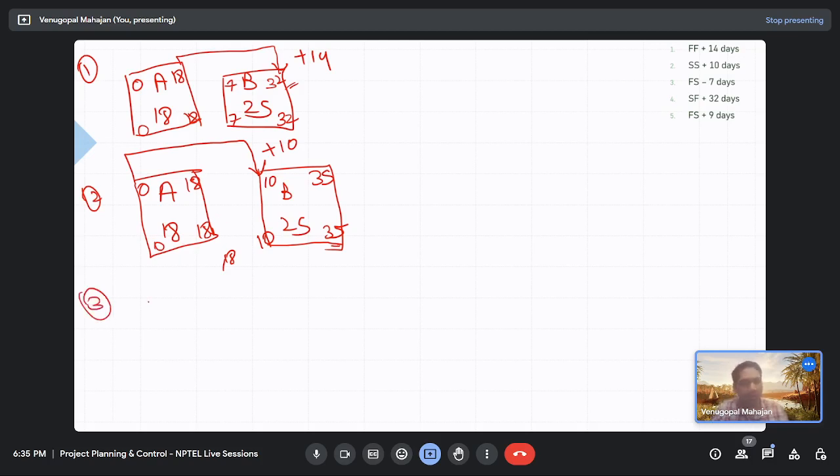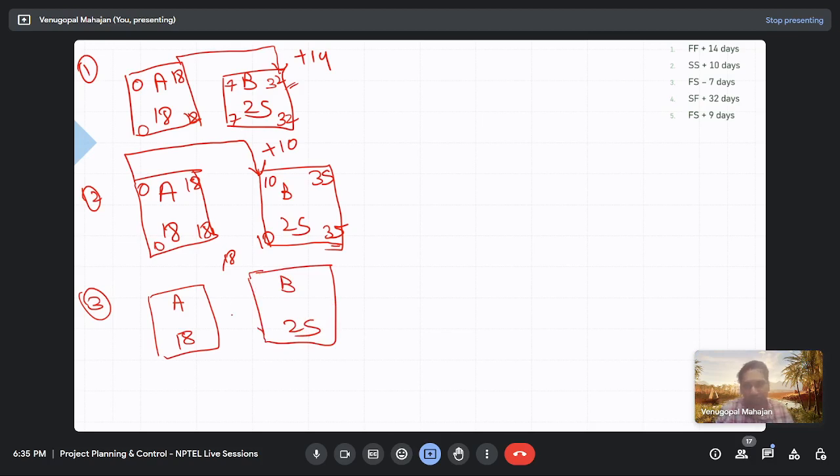Similarly, for the third, what would it be? A is 18 and B is 25, and the relationship is finish to start minus 7.